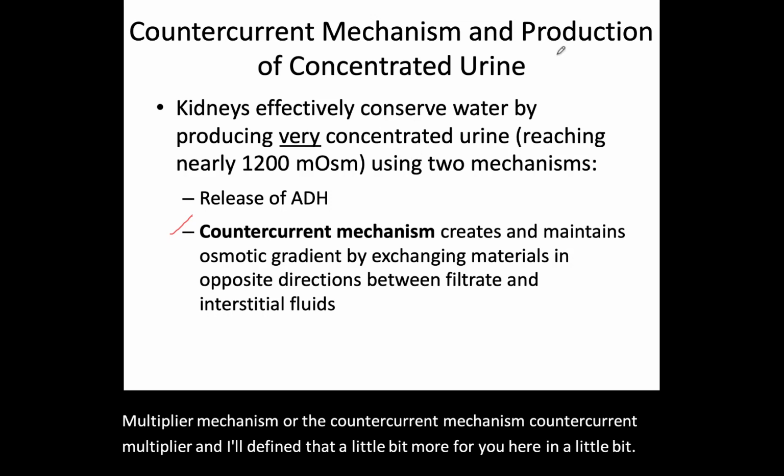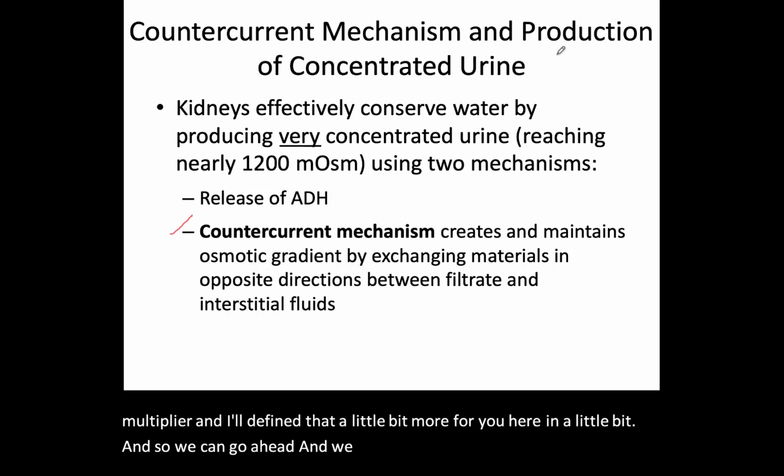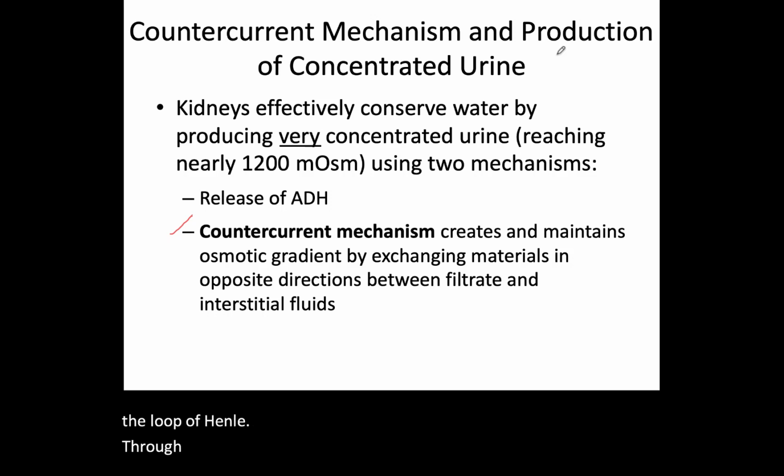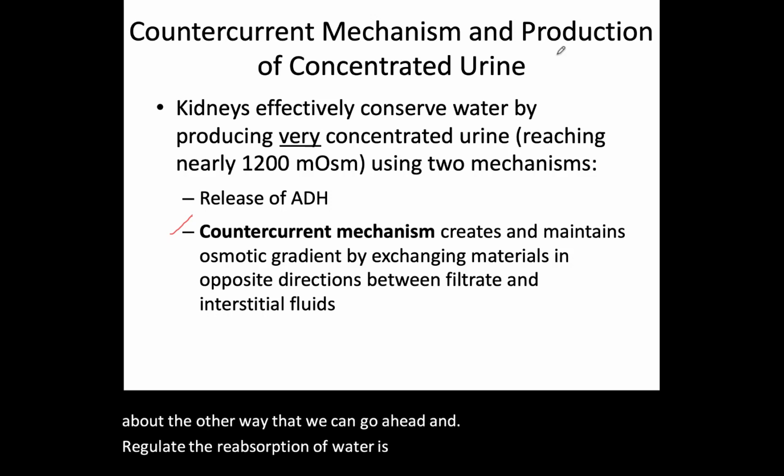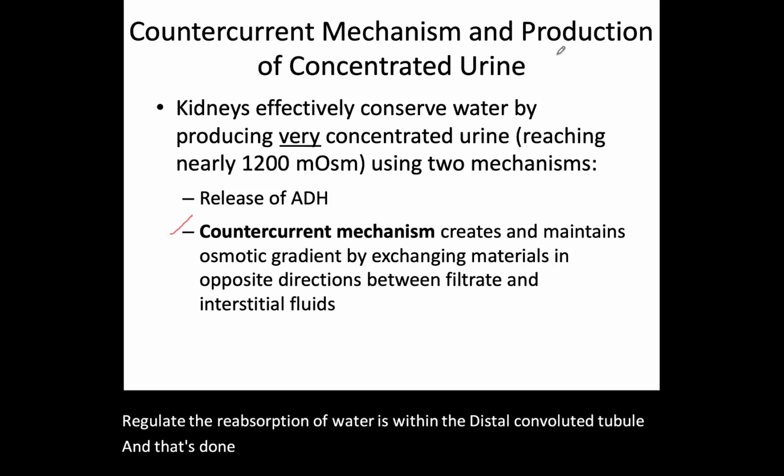And so we can increase the water reabsorption in the loop of Henle through this mechanism that we're going to spend some time talking about. The other way that we can regulate the reabsorption of water is within the distal convoluted tubule, and that's done through antidiuretic hormone, and we'll talk about that next.